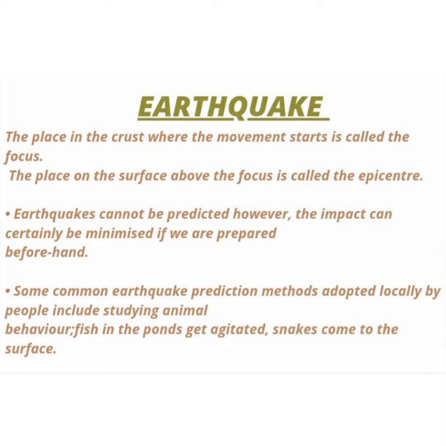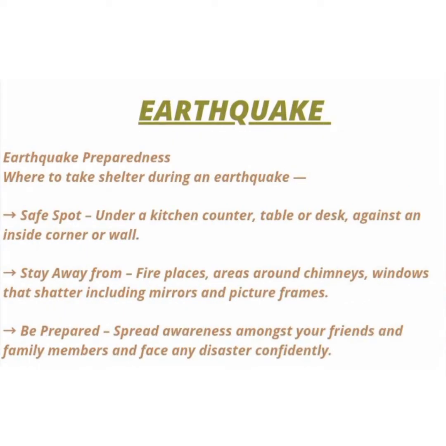Some common earthquake prediction methods adopted locally by people include studying animals' behavior: fish in the ponds get agitated, and snakes come onto the surface. Earthquake preparedness: where to take shelter during an earthquake? A safe spot is under a kitchen counter, table or desk, against or inside the corner of a wall.